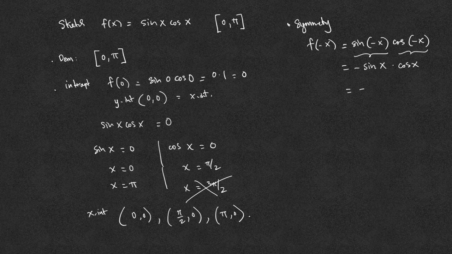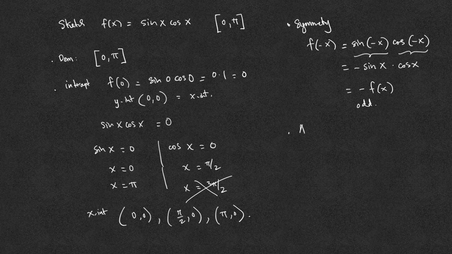This gives us back negative f of x, which shows that this function is odd. If we plug in negative x and the output is the negative of the original function, then the function is odd. What this means is that whatever we have on the right hand side of 0, we will simply have a reflection about the origin.